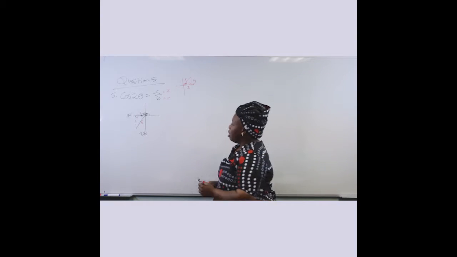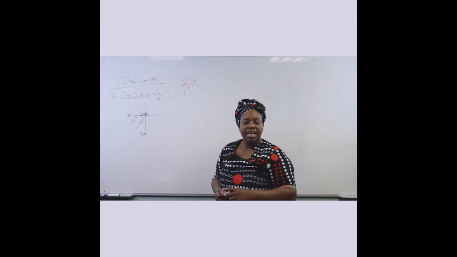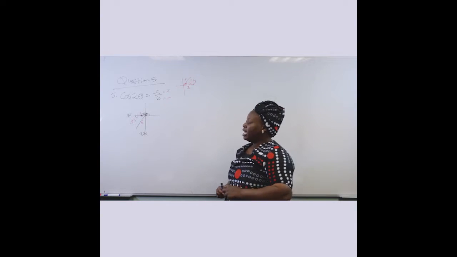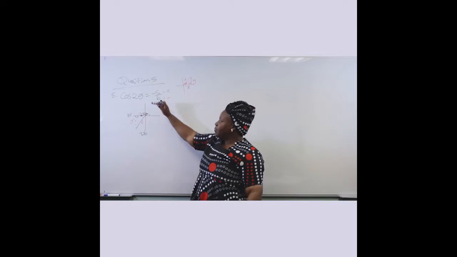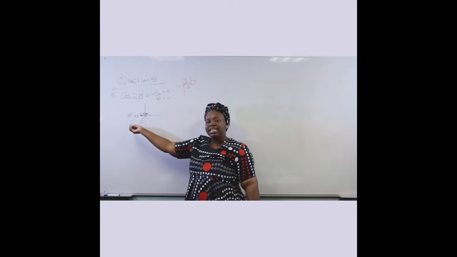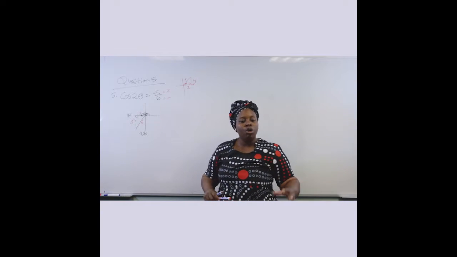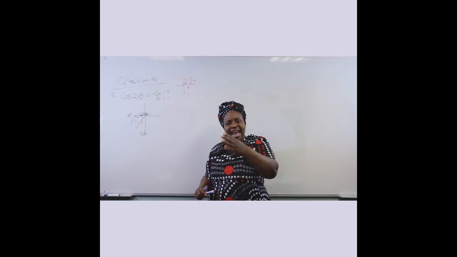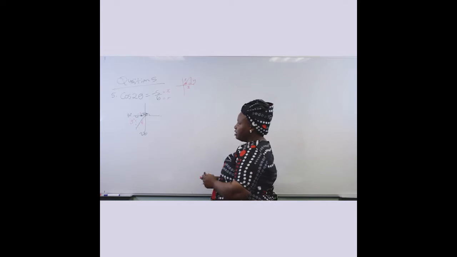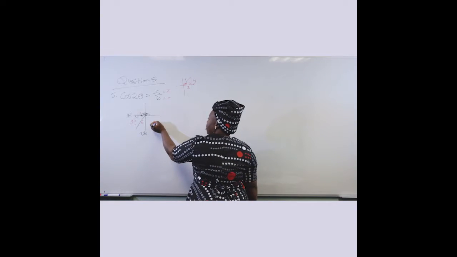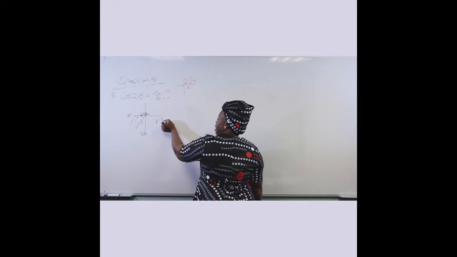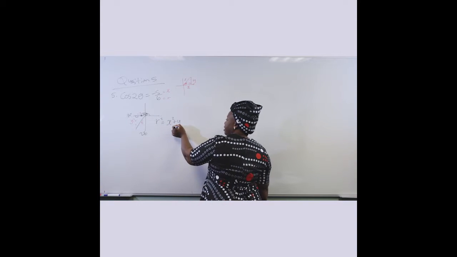What are you looking for now? It is your y. Your y is now missing. You need to find the y. Representing the information tells you that y is missing. Immediately use Pythagoras theorem and find the missing side. If we use Pythagoras theorem, remember it's r squared equals x squared plus y squared.